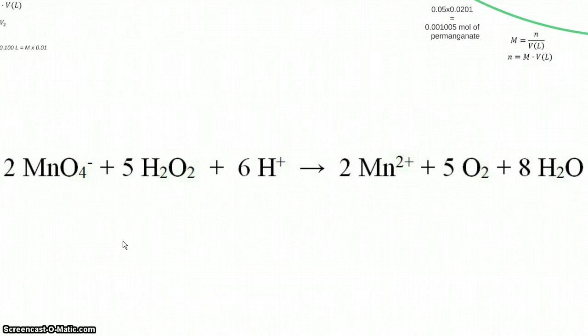We know that those moles of permanganate have been reacting with the hydrogen peroxide present in the solution at a ratio of 2 molecules of permanganate for each 5 molecules of hydrogen peroxide. We will have to introduce that relation of the two substances to calculate how much hydrogen peroxide was present in the solution.